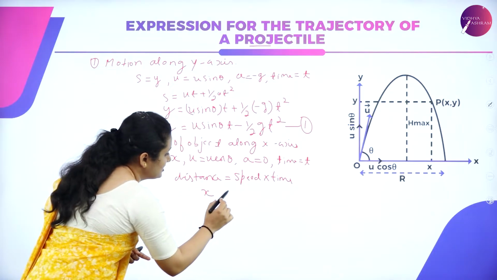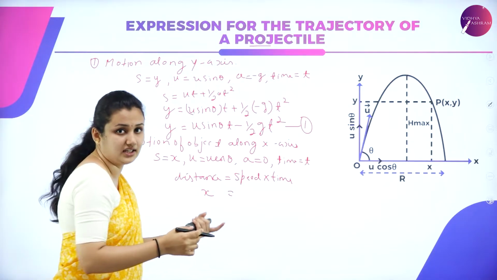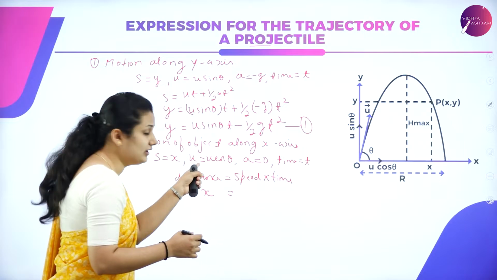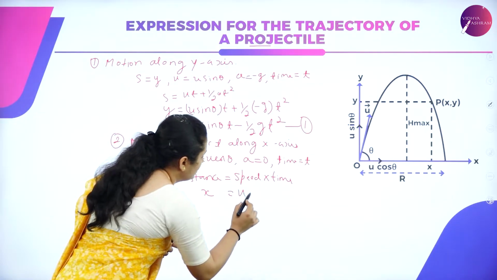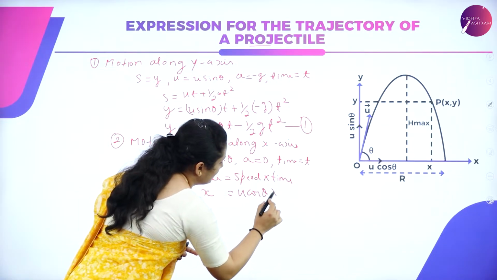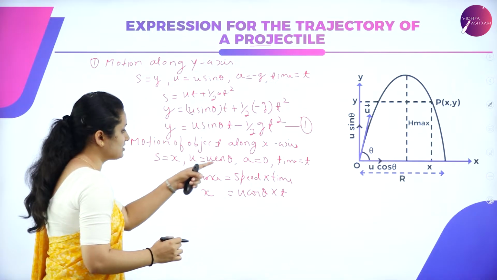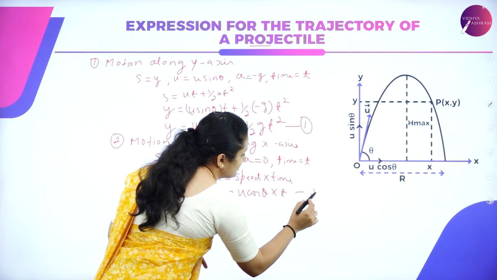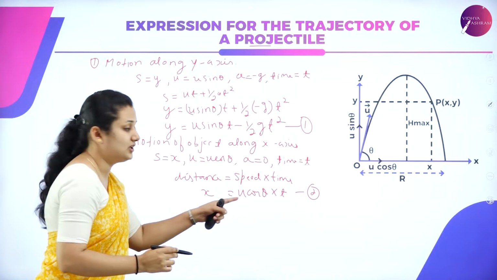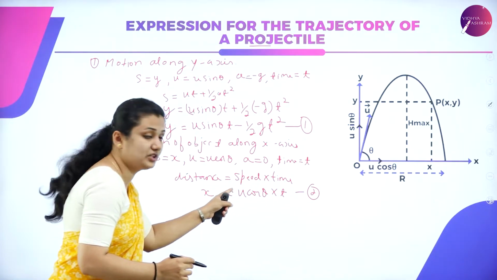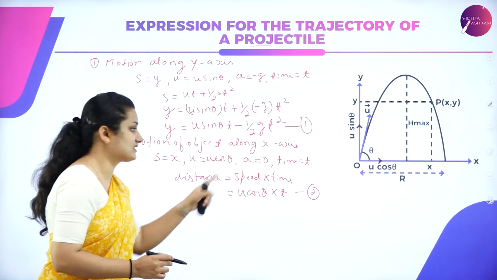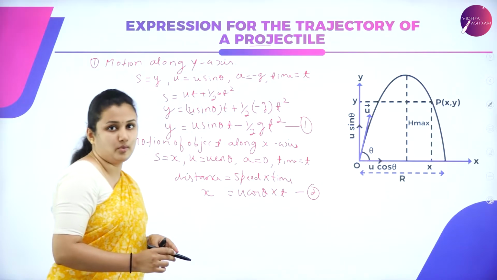It is x. Speed is nothing but the velocity of the projectile along the x-axis. It is u cos theta into t. Consider this as my equation 2, describing the motion of the projectile along the x-axis, the horizontal component.